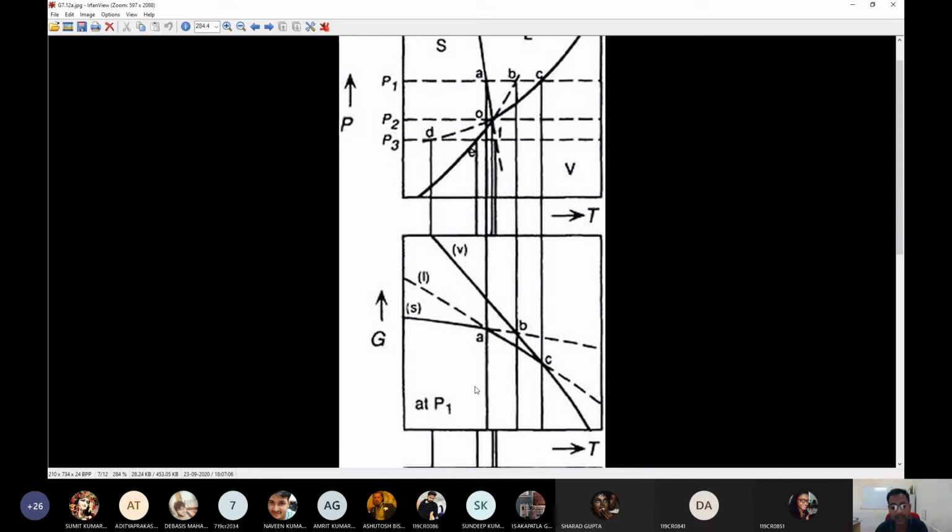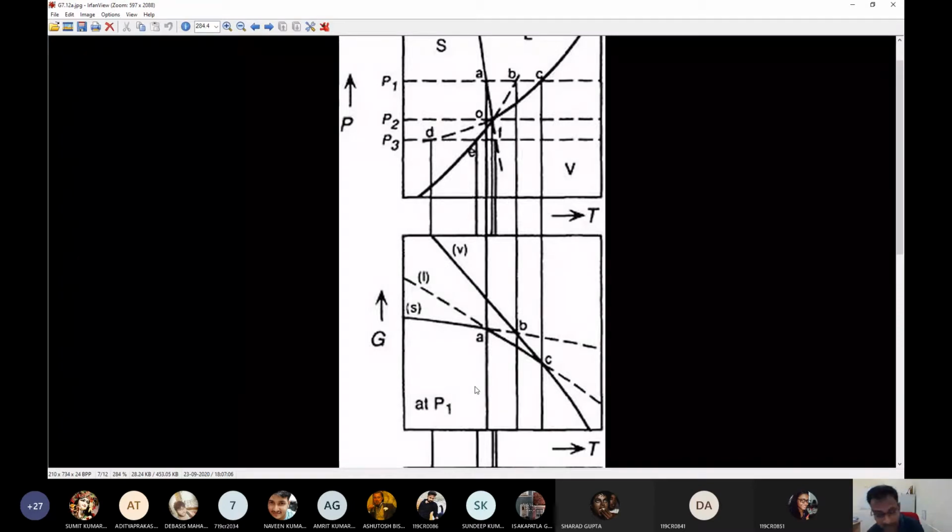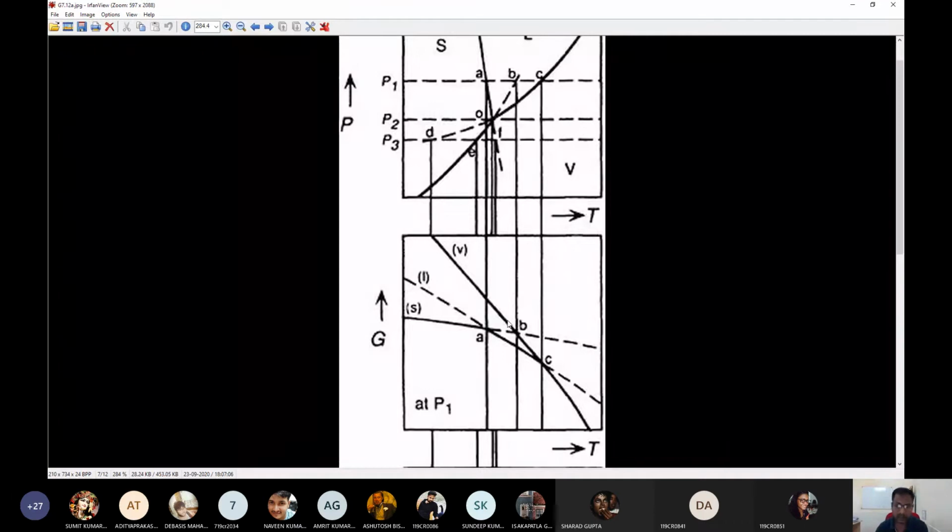Okay, you can see that dG/dT, or del G by del T at constant pressure, is simply the negative of entropy. So that's what is given here, and that's how the slope here is a negative slope, right? And since entropy is positive, minus S is going to be negative, right?